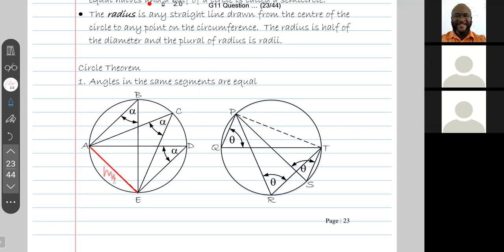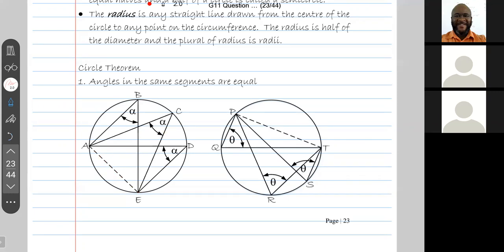So down here is a segment, that's a minor segment, and all of up here is a segment, that is the major segment. So again, AE is the chord, and the chord divides the circle into segments.